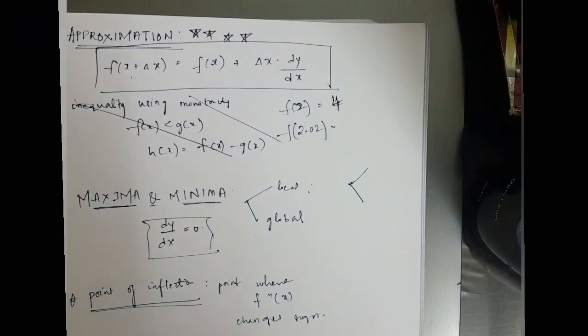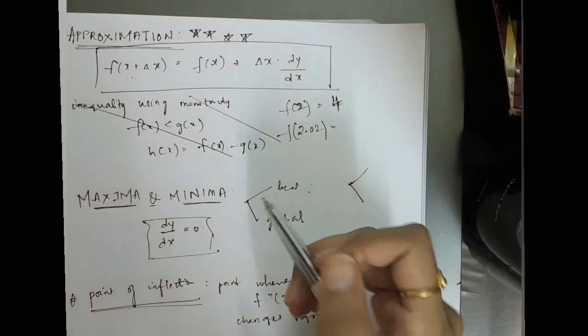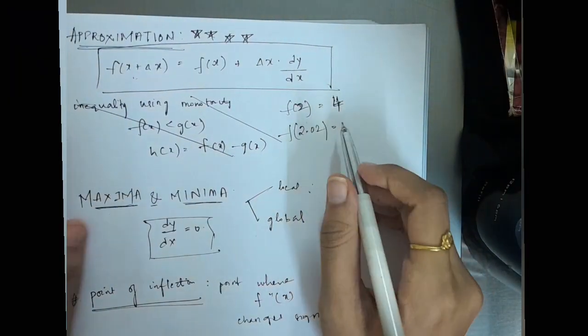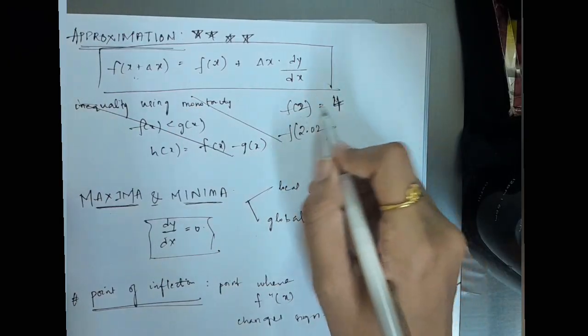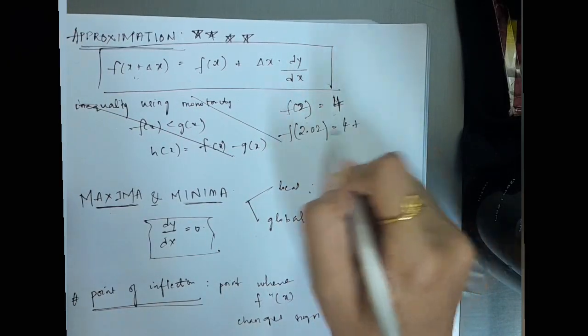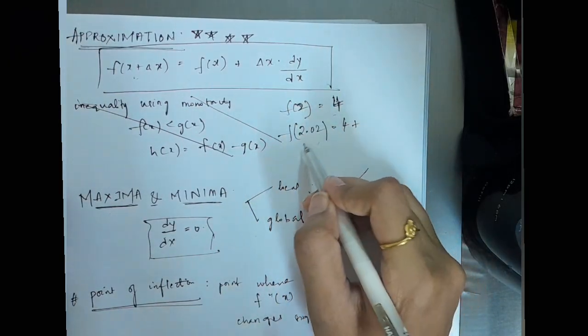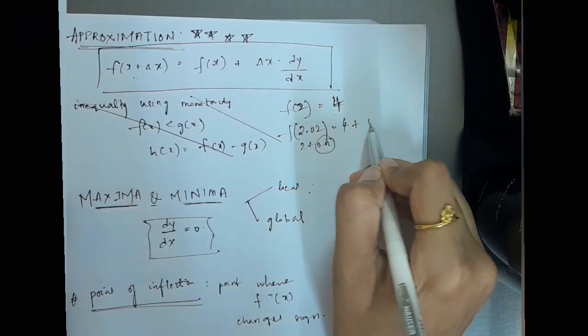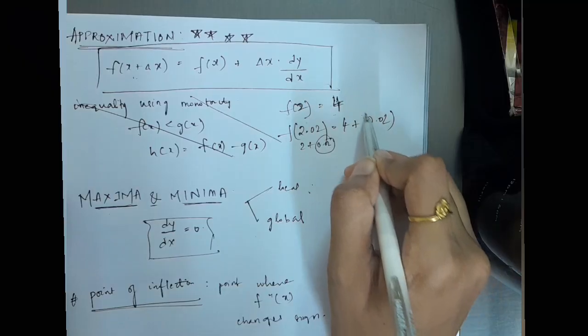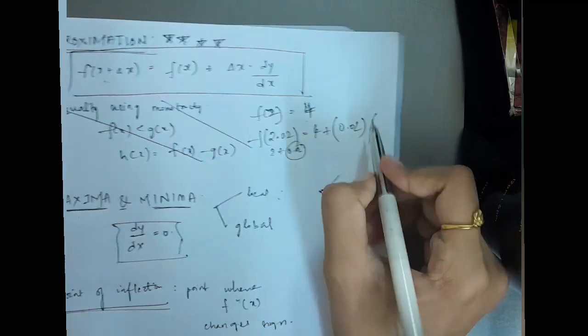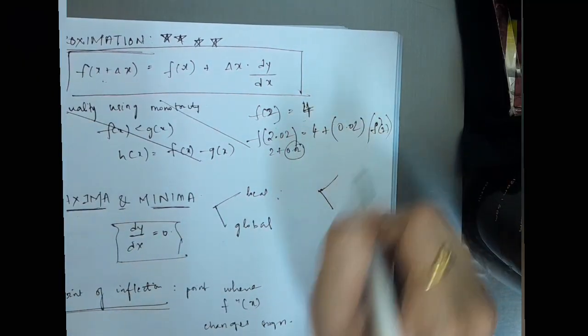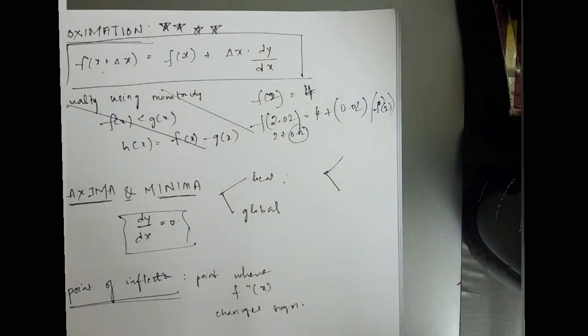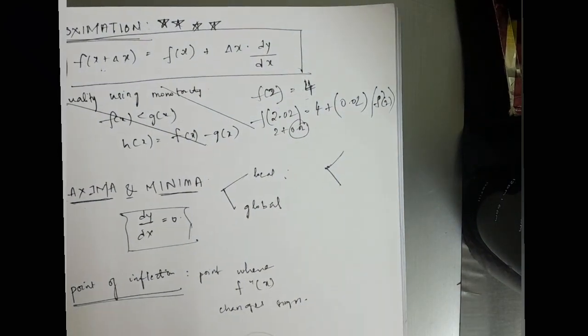You don't want to substitute 2.02 into the function when you have the value at 2. So what you can do is write f of x, which is f of 2, that's 4, plus delta x, and delta x is basically 2.02 minus 2, so that's 0.02, times f dash of 2, where f dash is the derivative of whatever your function is.